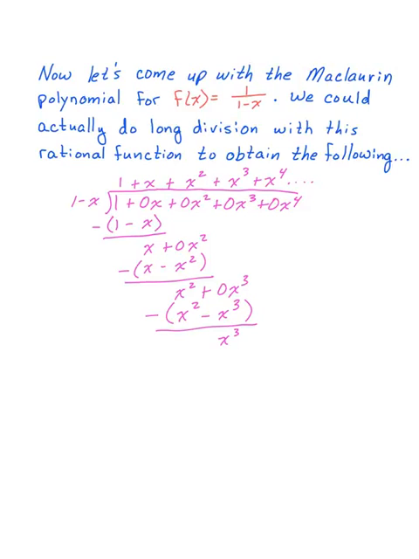All right. So what that tells us is that 1 over 1 minus x is approximately 1 plus x plus x squared plus x cubed plus dot dot dot x to the n.